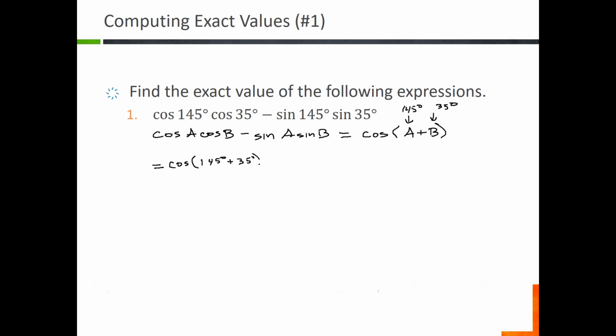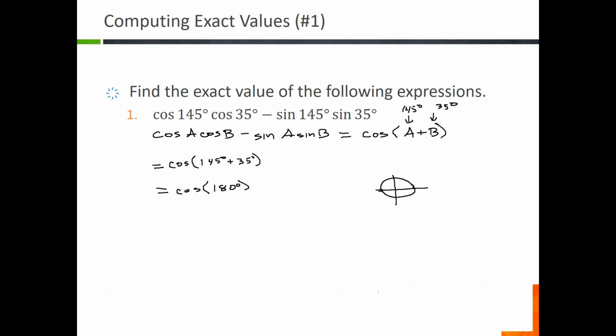Now we just have one cosine expression, not a bunch of cosines and sines, and we can easily combine those together. 145 degrees plus 35 degrees is going to be 180 degrees. Originally the 145 and the 35 were not things I knew on the unit circle, but now we have just 180 degrees, and 180 degrees is on the unit circle.